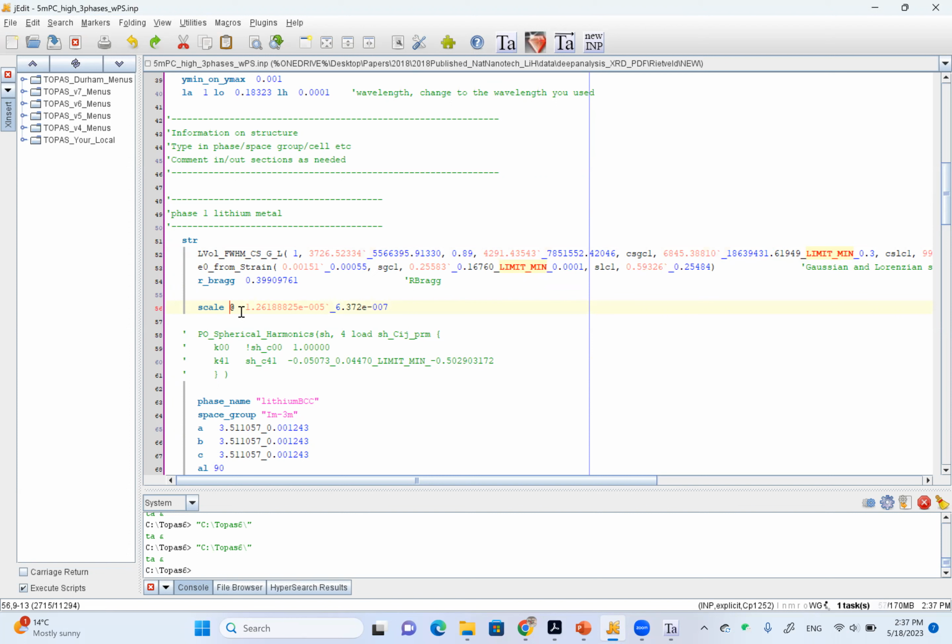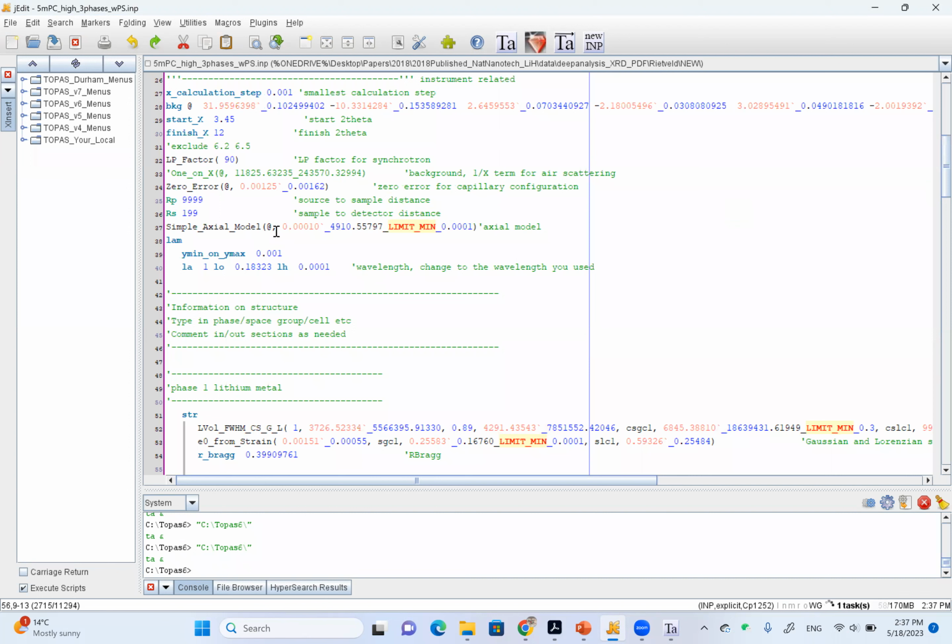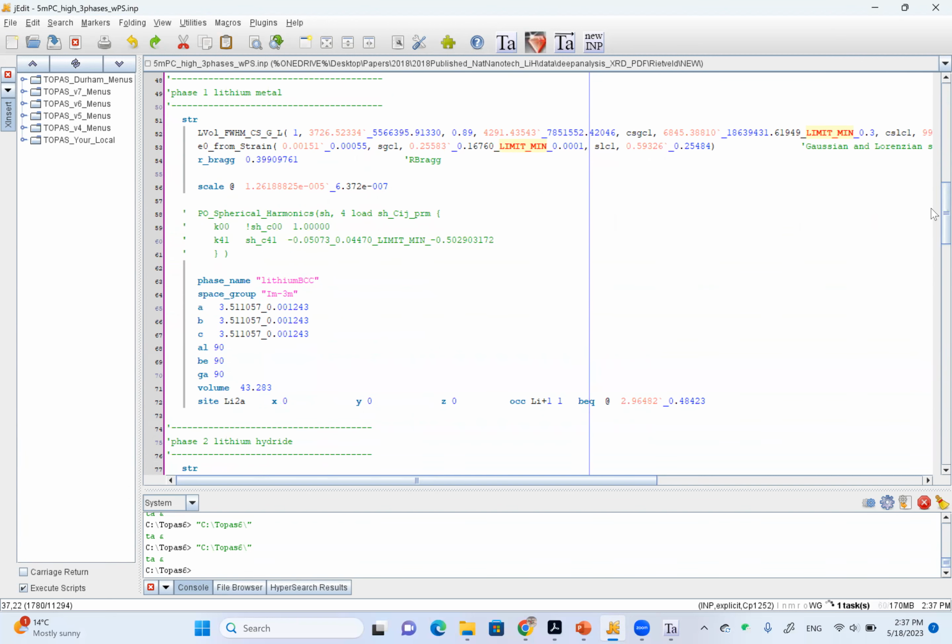We'll put an add symbol and then put a default value. But if it's in the parentheses, then we need to first put an add, followed by a comma, and then the guess value. So they have slightly different grammar, and make sure you make no mistakes about grammar. So we use the same profile function for all these phases.